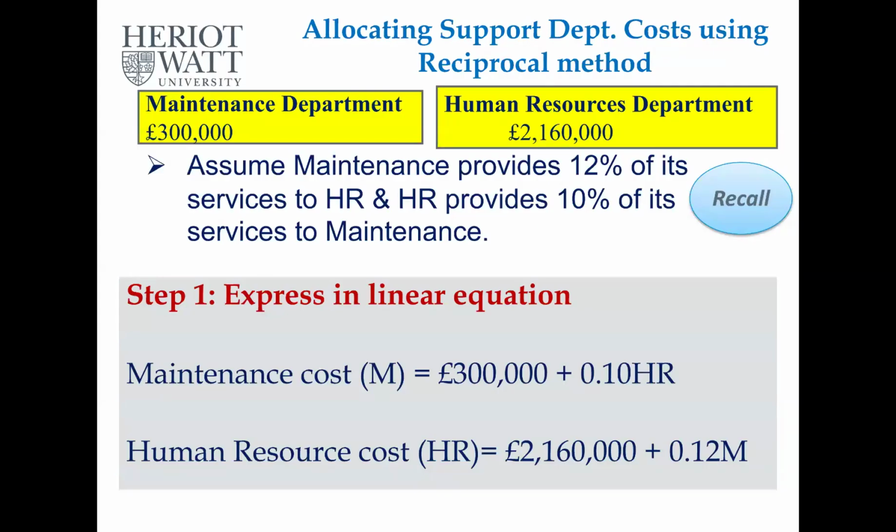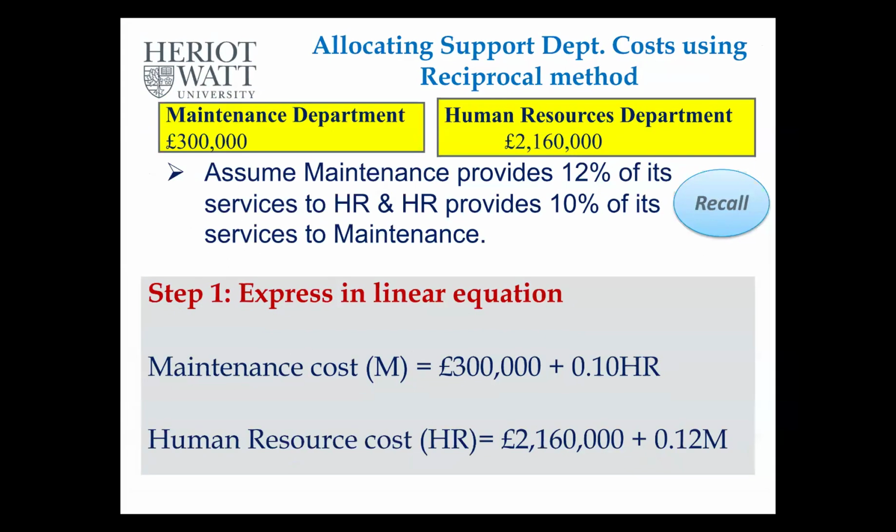Listen carefully. You have seen the total cost that is in the maintenance department, right? It's 300. And in the HR is 2160, right? Now, how do you form the equations? Number 1, you have to read this statement. They say that assume that maintenance department provides 12% of its services to HR, which means HR is receiving 12% of maintenance.